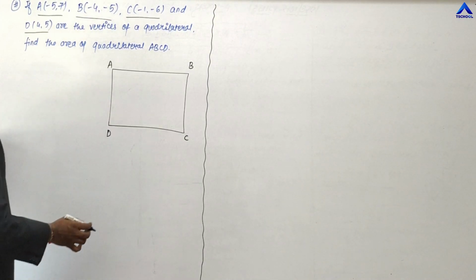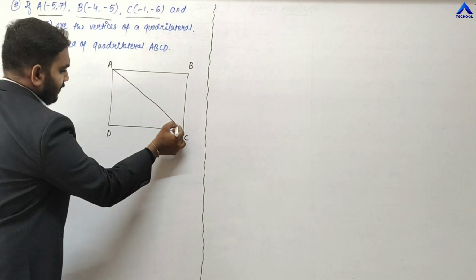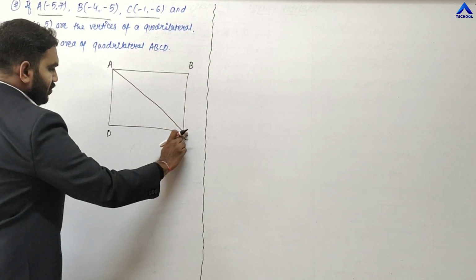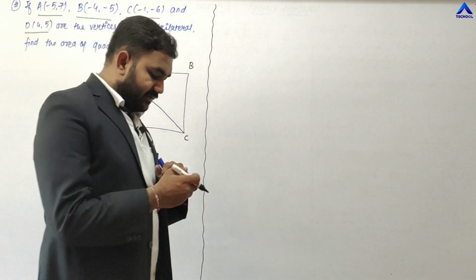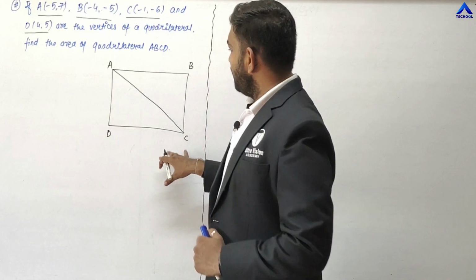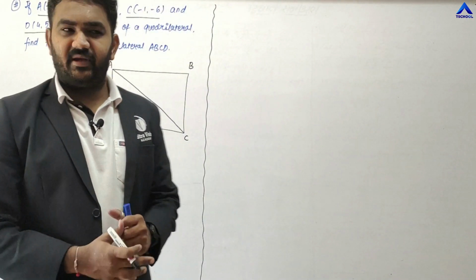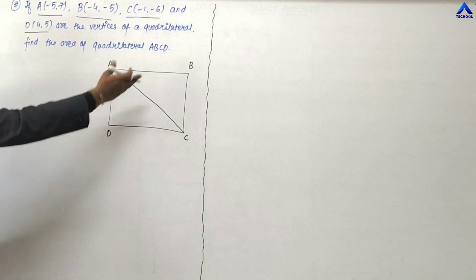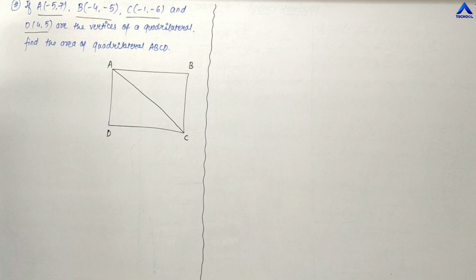So one more thing I would like to add here is I shall connect the diagonal A to C. Right? I am going to connect any one of the diagonals. It is not compulsory that you connect A to C only. Because this is the first diagonal of my quadrilateral, so I am connecting A to C. You can also connect B to D, and then you can simply find out the area, right?